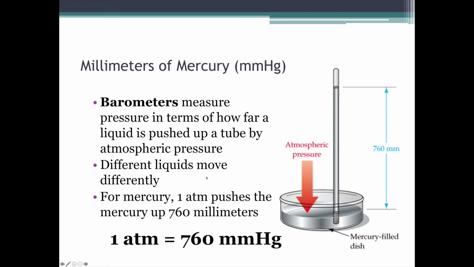Different liquids move differently, but for mercury, which was the standard in barometers up until very recently, the height it was pushed up to at 1 atmosphere was 760 millimeters up this capillary tube, which is how we got 1 atmosphere equal to 760 millimeters of mercury.